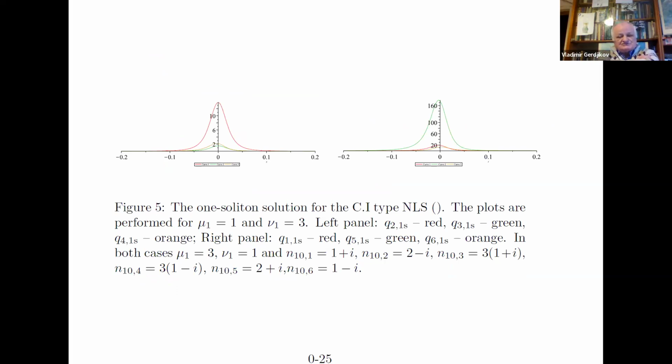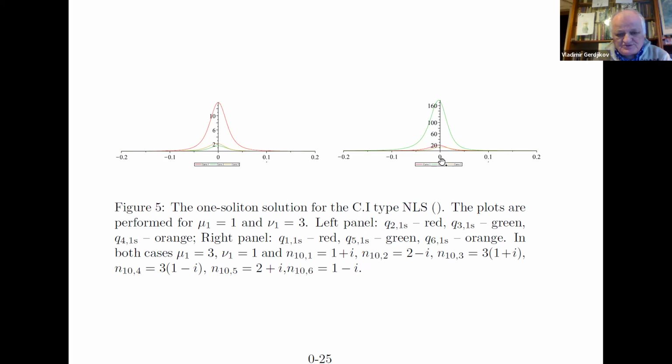Okay, so here we took some time to plot the one soliton solution. And here you can see, I have put the first three coefficients in the potential for C1 type, and these are the second three potentials.